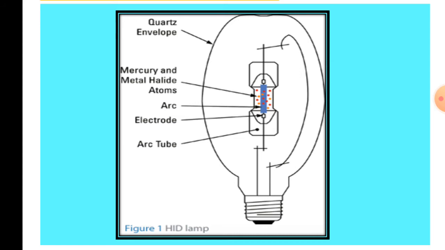Then due to vaporization of the metals like iodide, bromide, thallium, indium, it gives various spectra, such as a wide range of spectral bands to be emitted for further use.